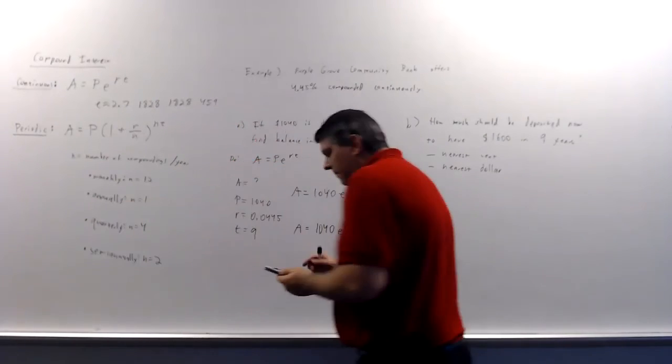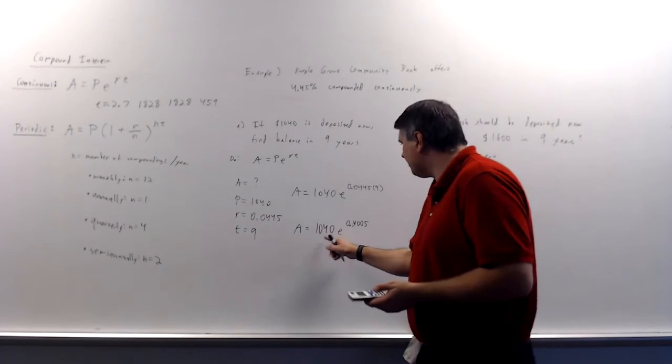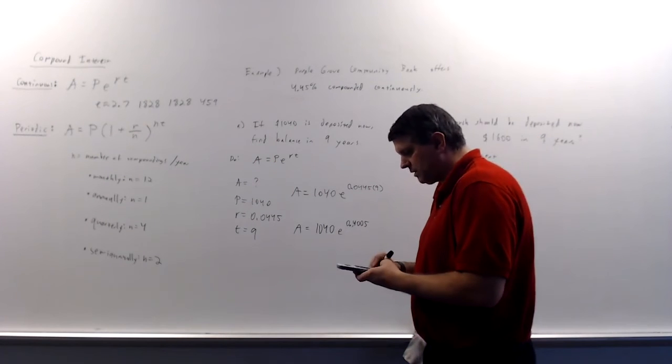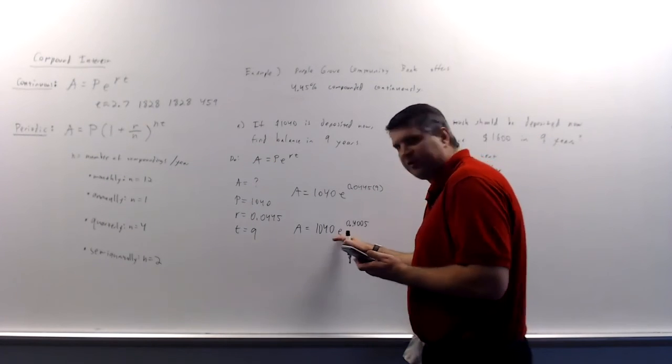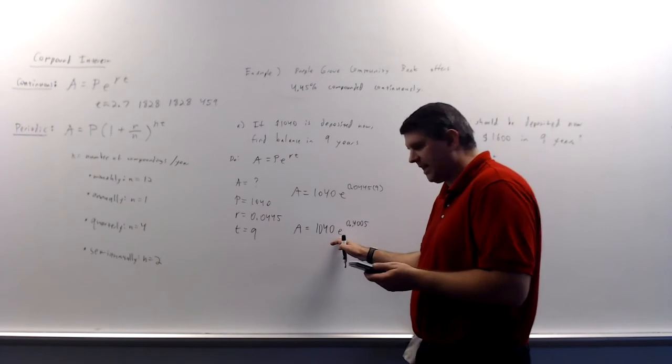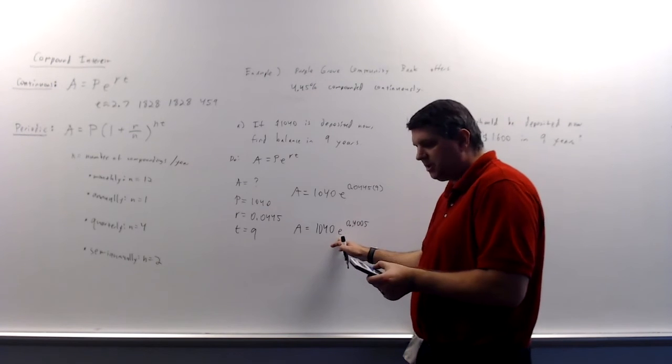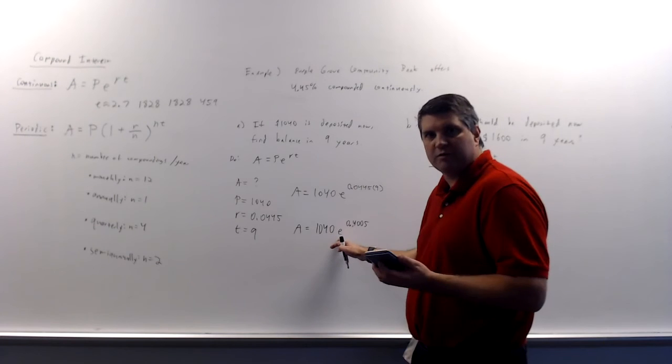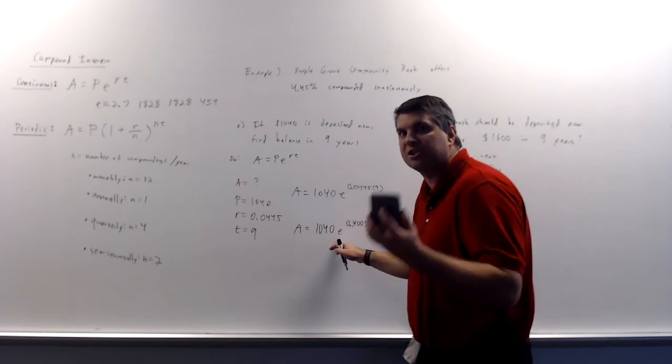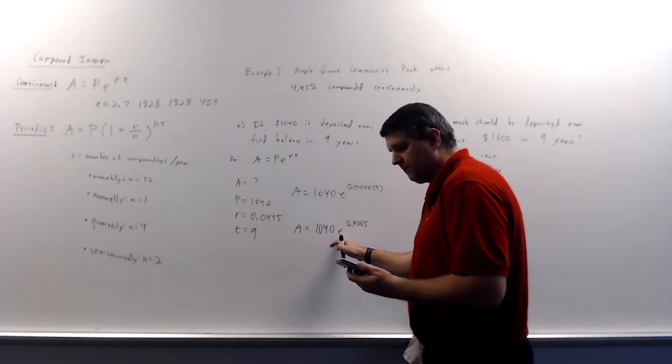So, for me, I would just type in 1,040 times shift or second, depending on what your calculator says, ln. So again, 1,040 times shift or second ln.